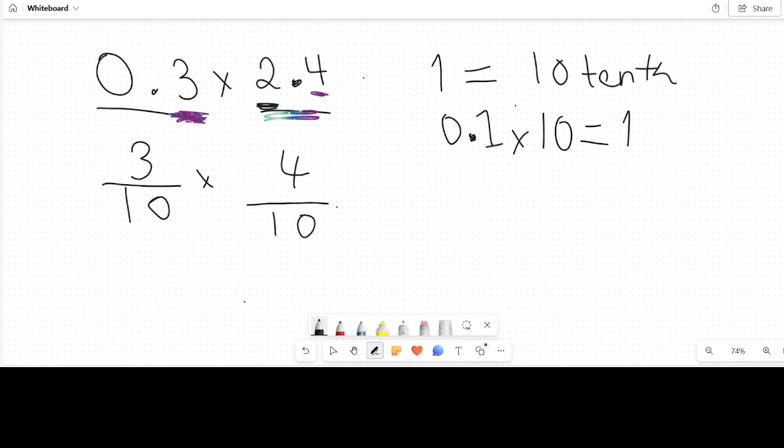So 2 ones must be equal to 20/10. Now I have 3/10 times 24/10.